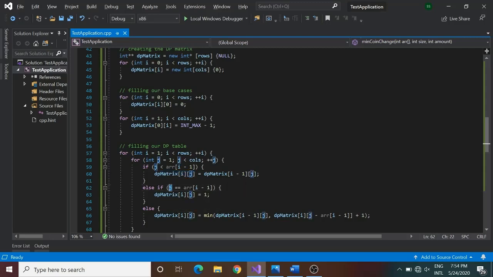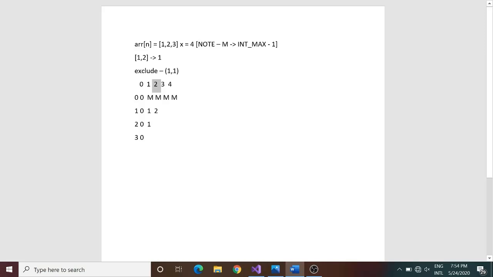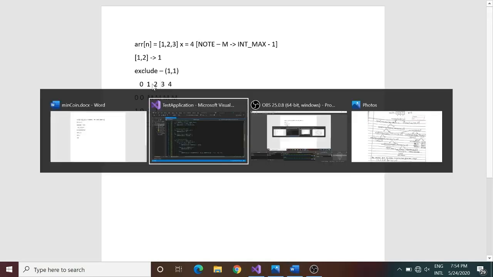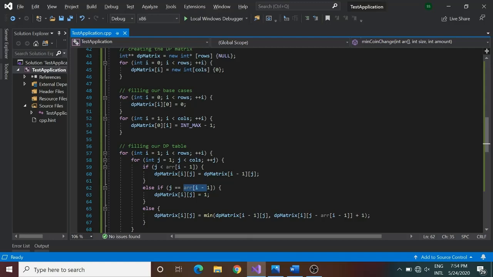If the amount which I have is equal to the denomination, such as in this case, this 2, then what are the minimum number of coins needed to make that amount? It's 1, because the amount which is to be made can be made with the help of the same denomination which currently I have. So I need not go further over there. So the answer to that subproblem would be 1 directly.